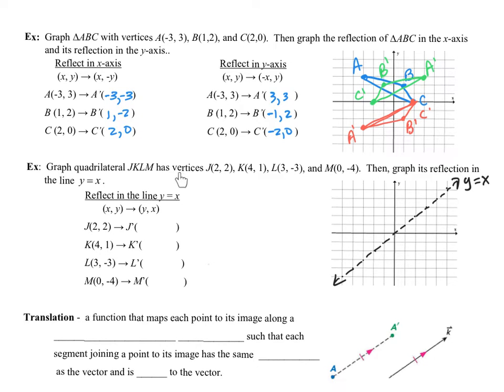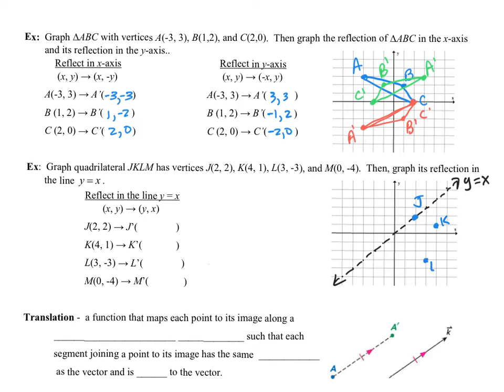Let's go ahead and graph our quadrilateral. So let's graph these 4 points. We'll start with J. J is at 2, 2. It's right on the line of reflection. Okay, K is at 4, 1. There's K, and then L is at 3, -3.